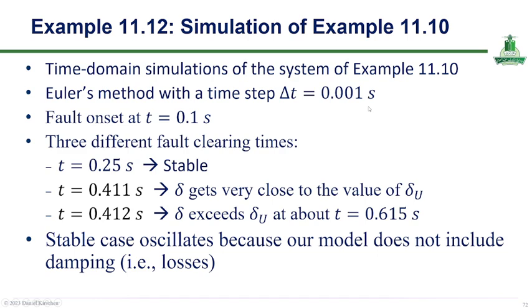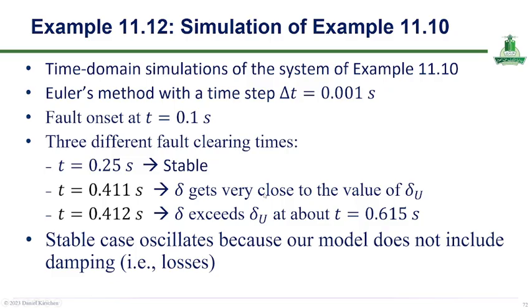The fault is applied at 0.1 second, and system stability is analyzed for different fault clearing times. When the fault is cleared at t equals 0.25 second, the system remains stable.